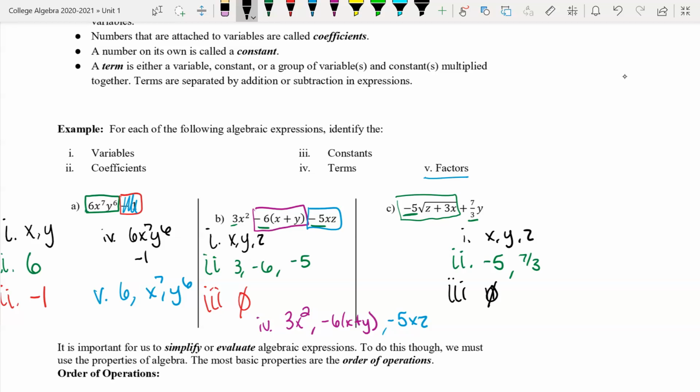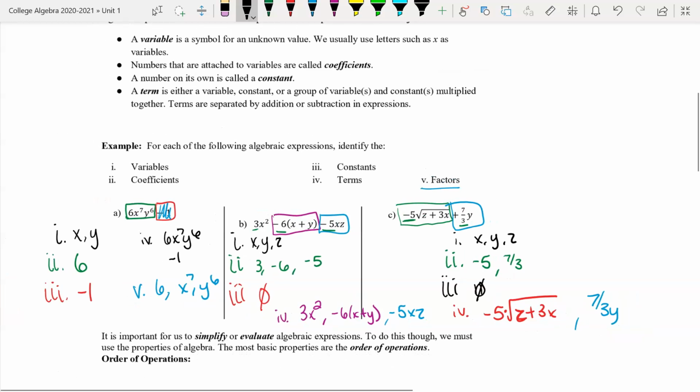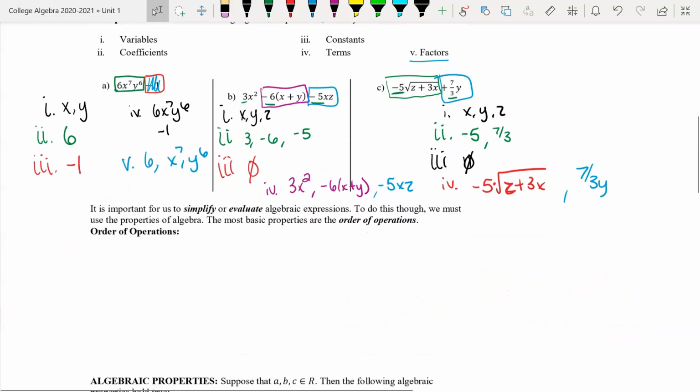We put a zero with a line through it because there's no number that's just by itself. And lastly, terms. One term is that whole square root because we're multiplying right here. If you're multiplying, it still continues the term, and then it's separated by a plus sign. So 7/3 y is the other term. That's variables, coefficients, constants, and terms, and factors was included in just the first one.